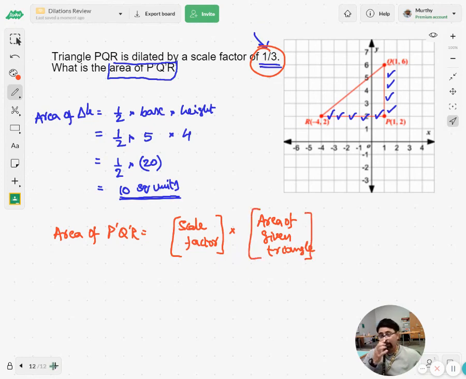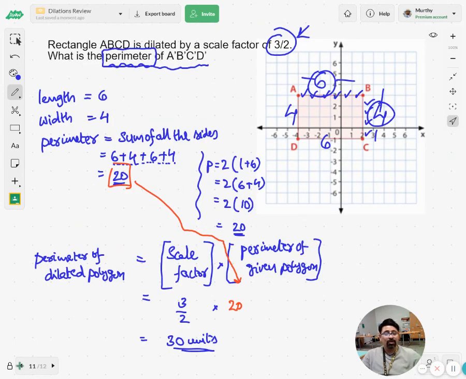Please be careful. You have to take that scale factor square times area of the given polygon. Please remember, scale factor square times. When it comes to perimeter, you have to multiply with the scale factor. I agree. You have to multiply scale factor times perimeter to get the perimeter of the dilated polygon.